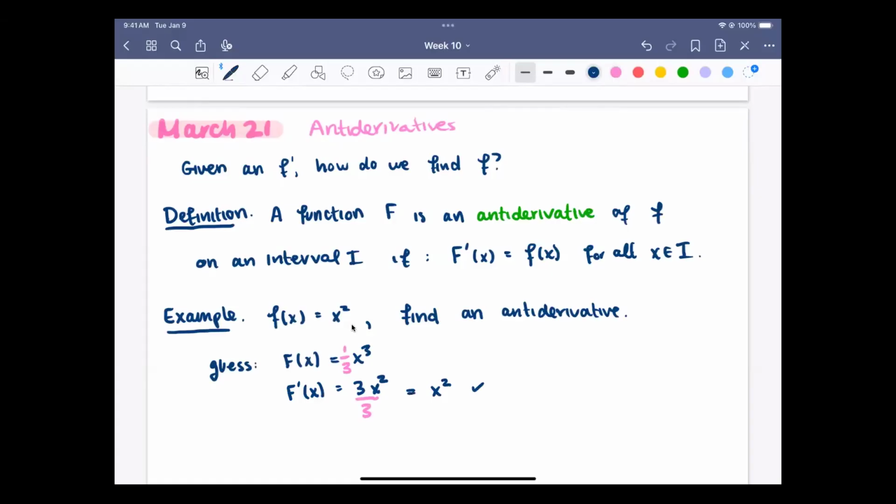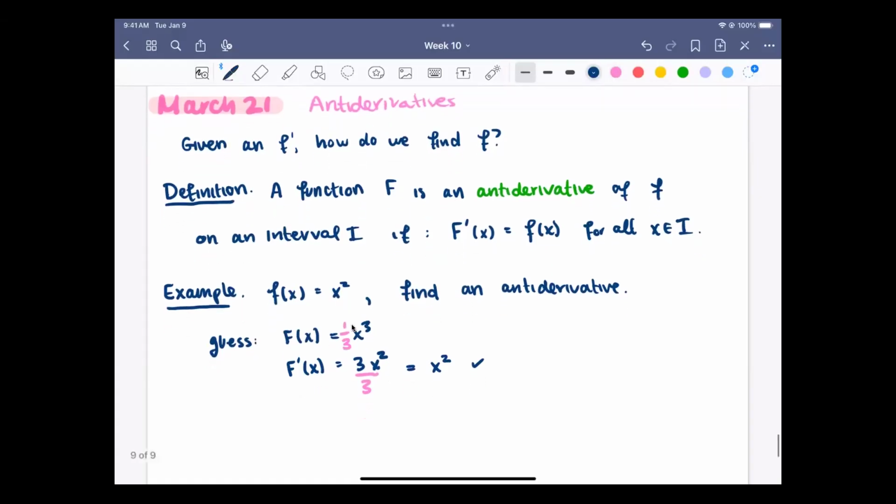So that's what we wanted. Okay, so my antiderivative is 1/3 x cubed. Does that sort of make sense?